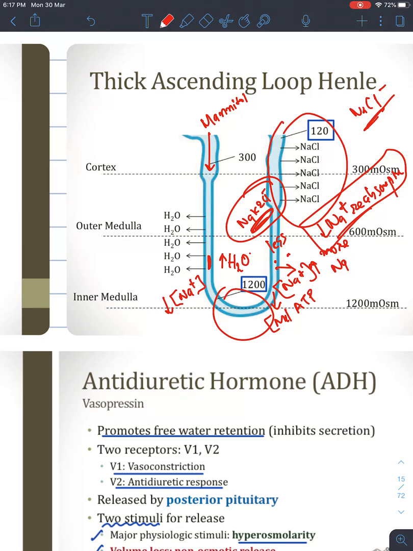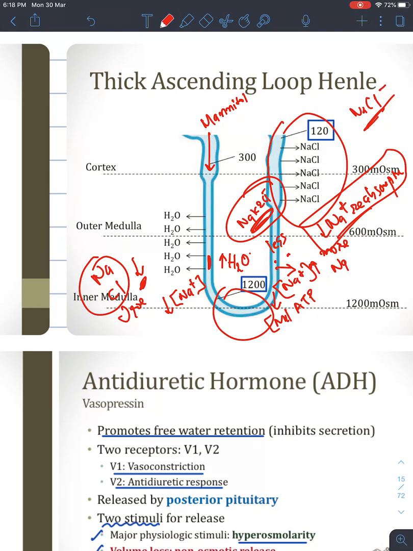As we first mentioned, the osmotic medullary gradient is maintained by sodium, chloride, and urea. Now we are not absorbing sodium and chloride much, so this gradient goes down, and this gradient is what drives the water reabsorption.